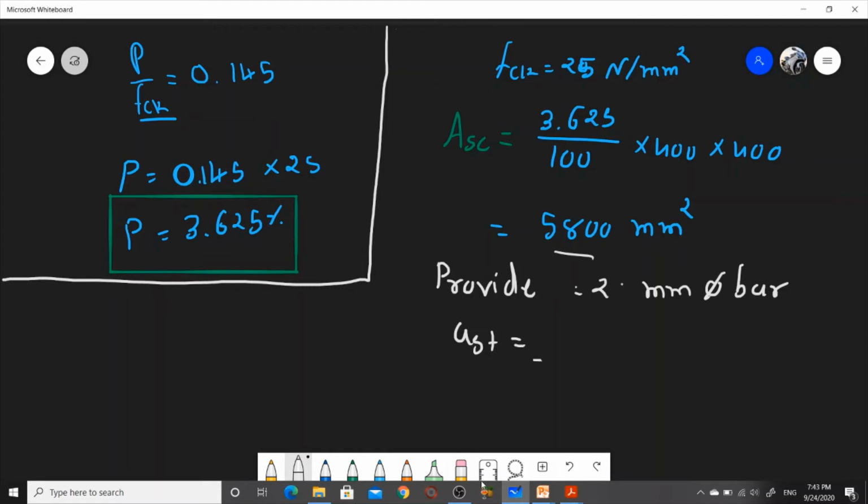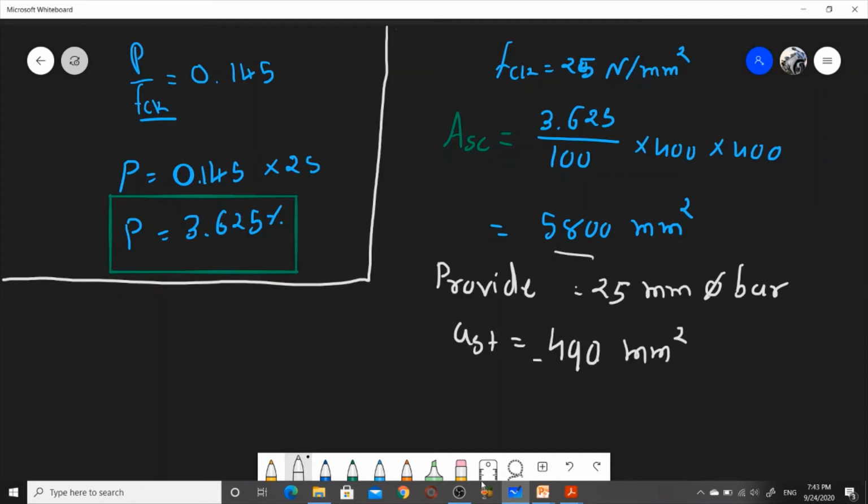I'm going to use a 25 mm diameter bar, whose small Ast is 490 mm square.